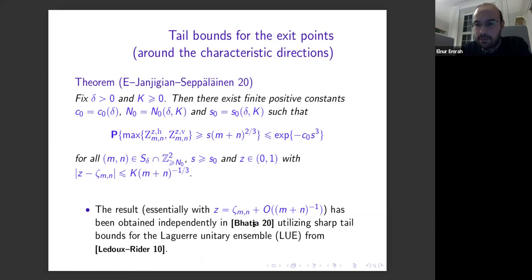Okay, now soon after we posted our preprint, there was an independent work by Manan Bhatia, who also essentially obtained this result, but using other methods, namely utilizing sharp tail bounds for the Laguerre unitary ensemble, coming from earlier work by Ledoux and Rider.